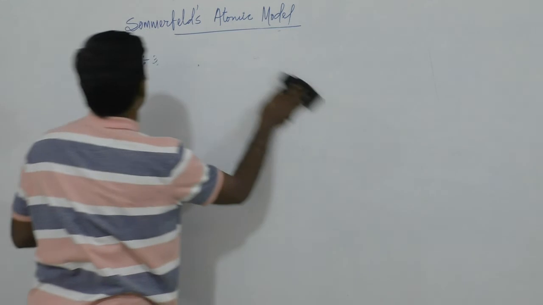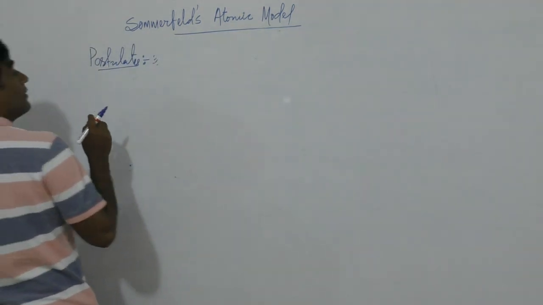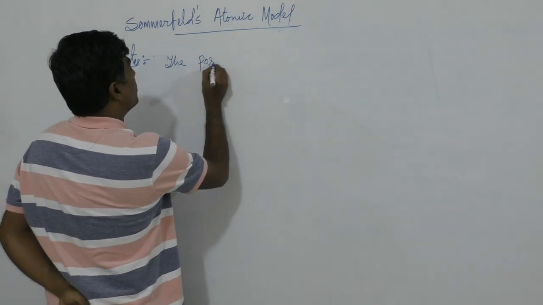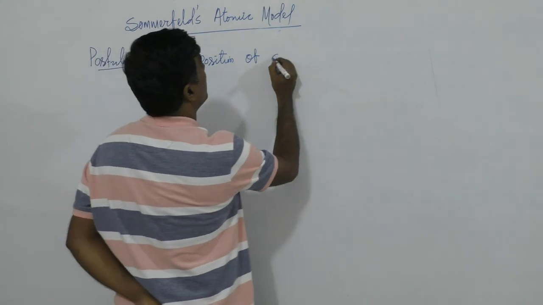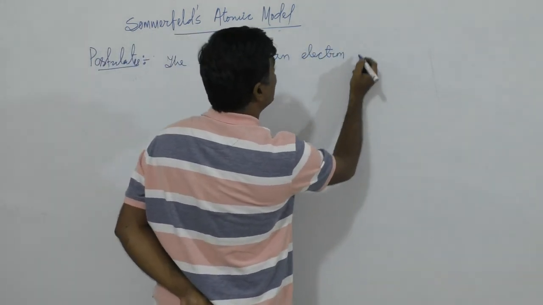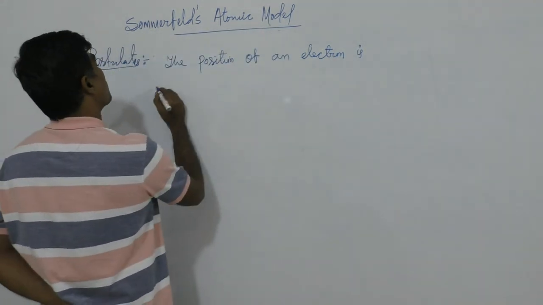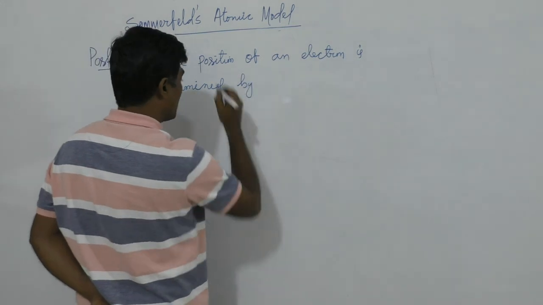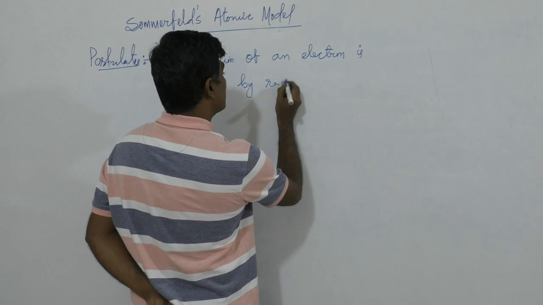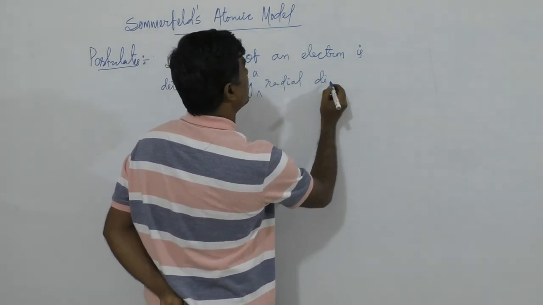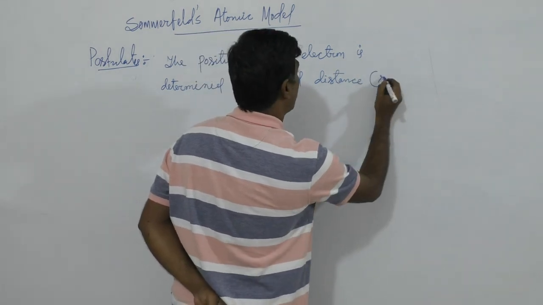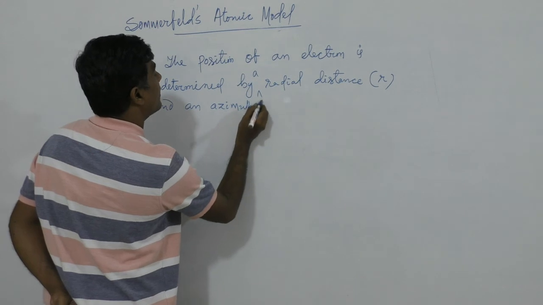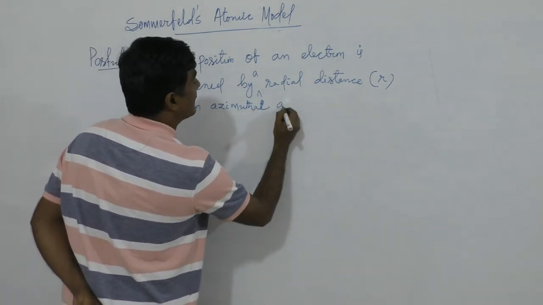So you see, the next postulate is the position of electron is determined by a radial distance, that is called r, and an azimuthal angle phi.